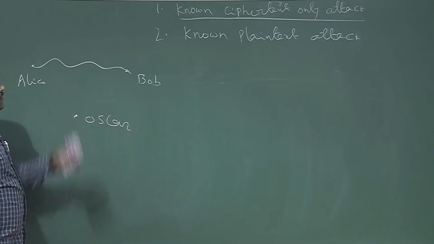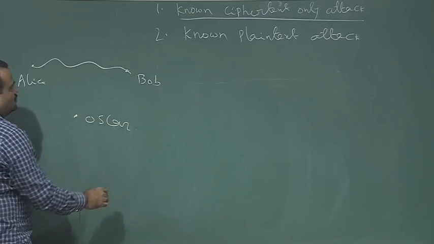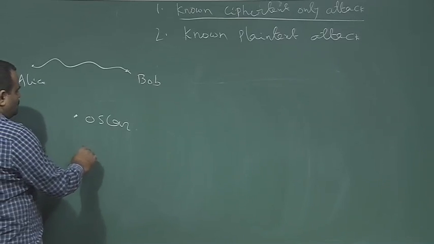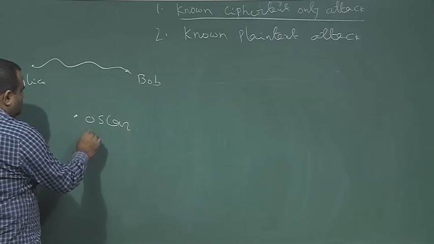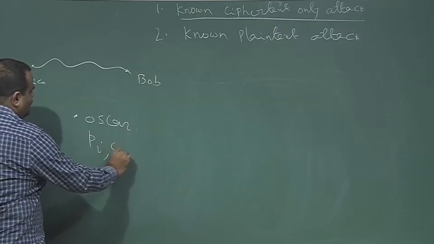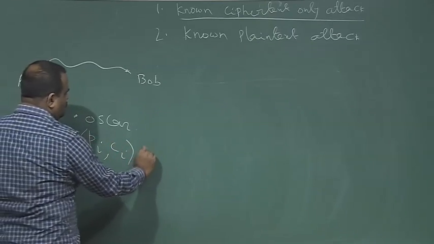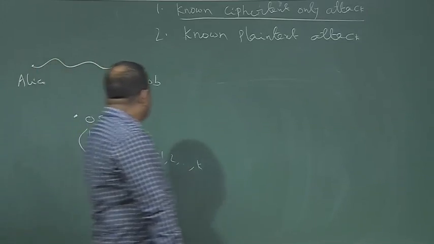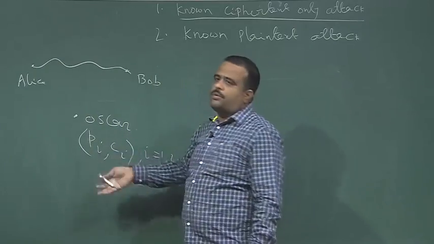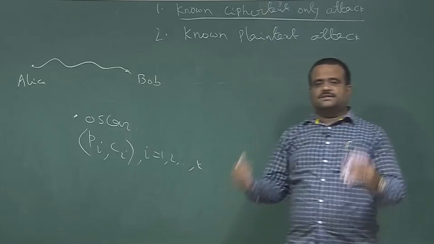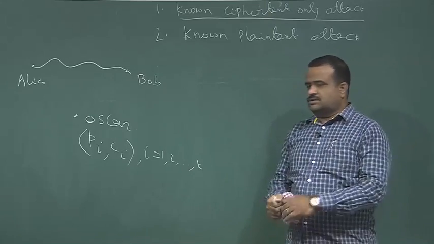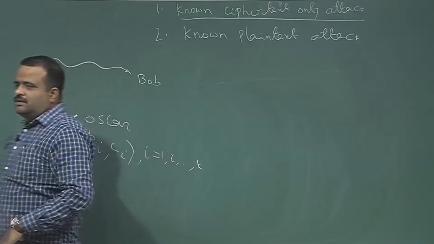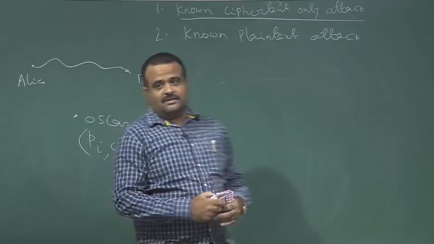In this known plain text attack, Oscar, the third party or the adversary, knows some plain text and the corresponding ciphertext for i equal to 1 to k, suppose k many. Maybe these are the old communication between Alice and Bob. We can send the history of these to Oscar. These are old communication, maybe 2 years ago they were communicating, I mean their message was like this.